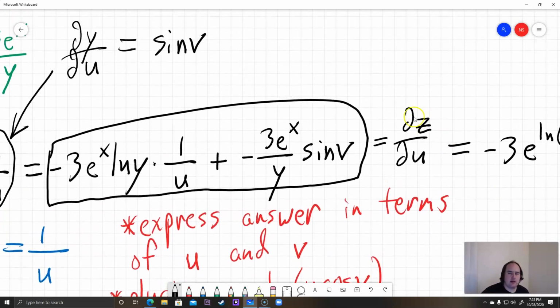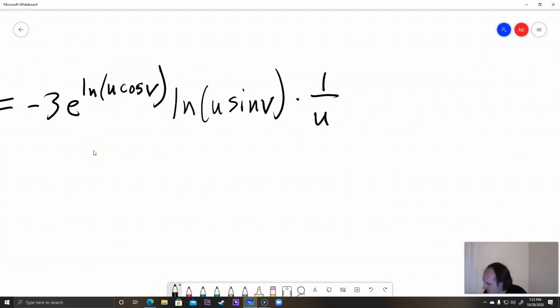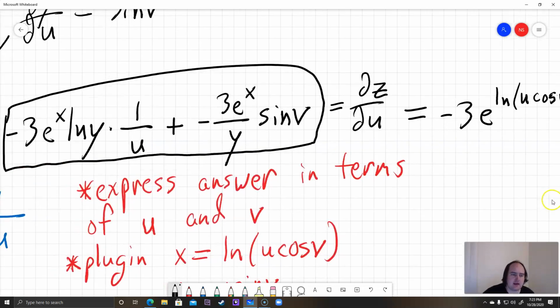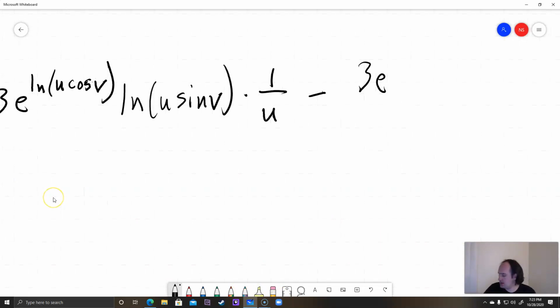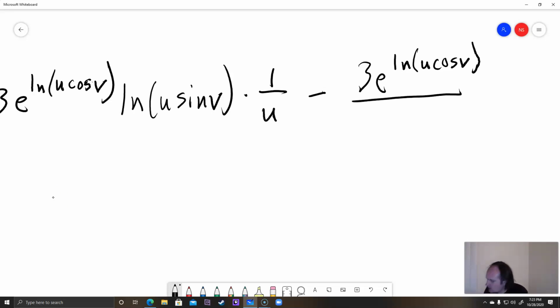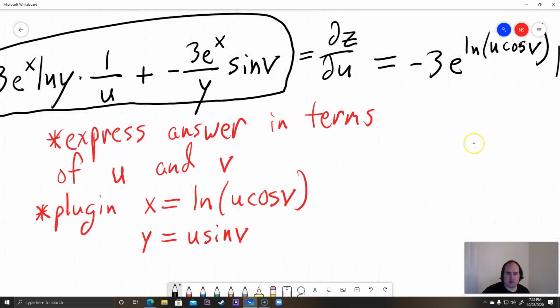All right, and then we have a minus 3 e to the x, so that's going to be minus 3 e to the, well, x that we're plugging in is ln of u cosine of v, so e to the ln of u cosine of v, all over y, and the y we're plugging in was u sine of v.